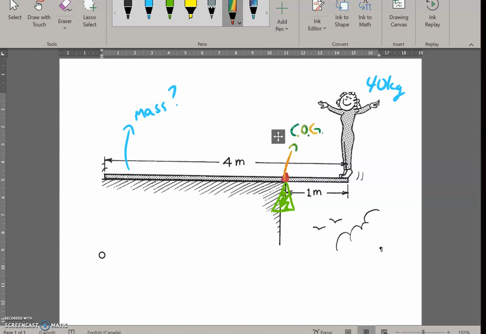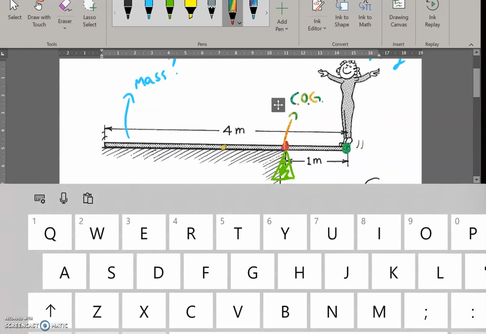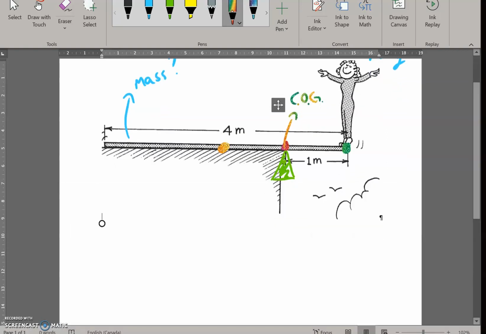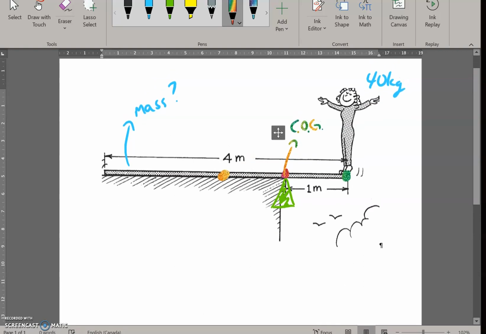Now for her, I know her center of gravity is right above her feet. That's why she can stand. For the board by itself, the center of gravity would be right in the middle of the board, which is right about there. Notice that the two centers of gravity are both 1 meter away from the pivot point.